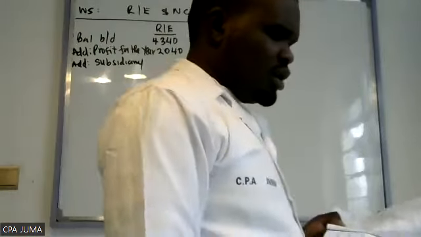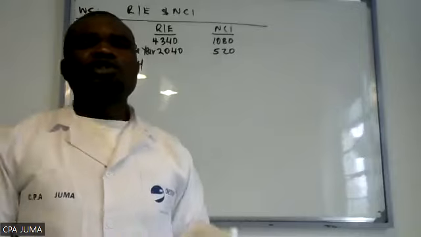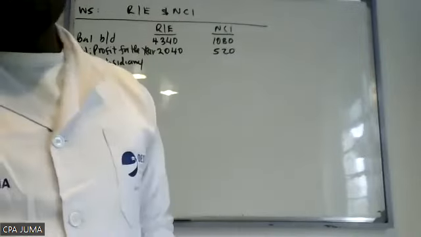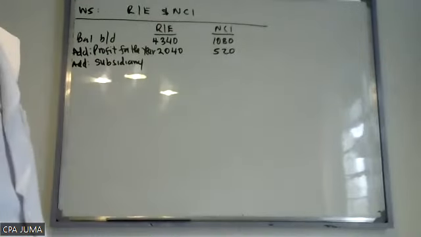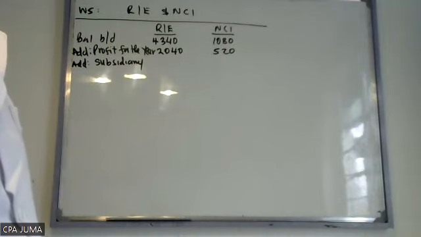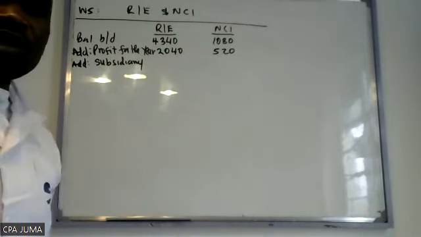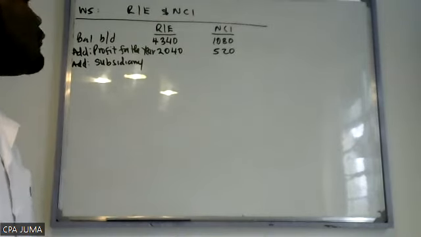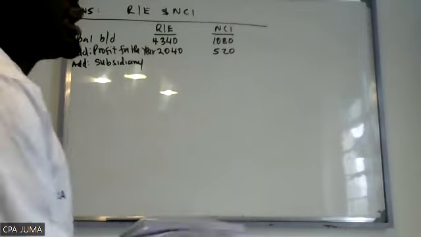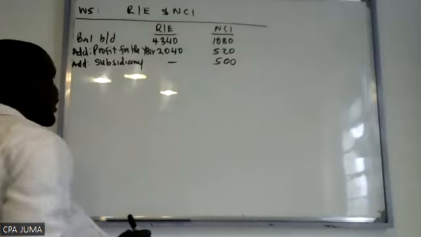Which working was it? Working 3-1. What was the fair value of the minority in working 3-1? Check for me working 3-1. How much was it? For minority, NCI, yeah, 500. So they got 500.